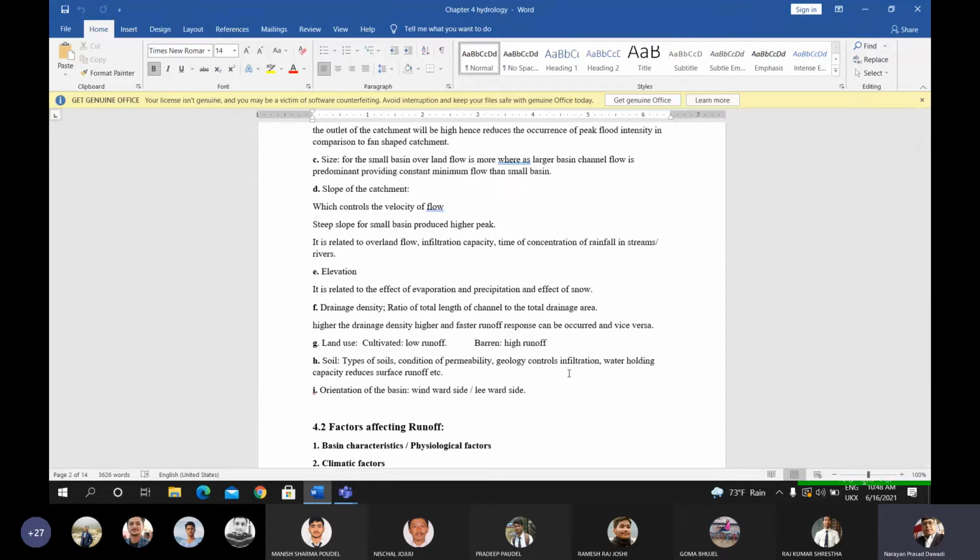So these barren lands may have a lower infiltration rate, and so the runoff rate will be high. That is, surface runoff will be high in the barren area in comparison to the cultivated land. This is the land use pattern.